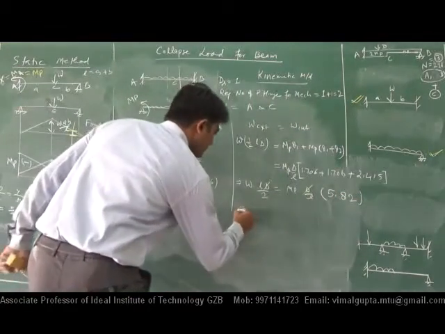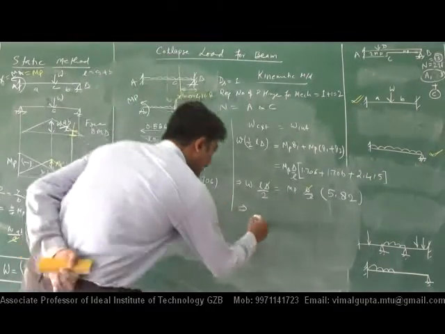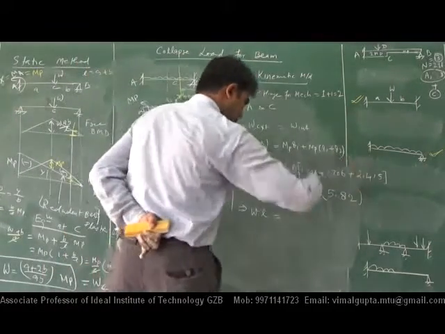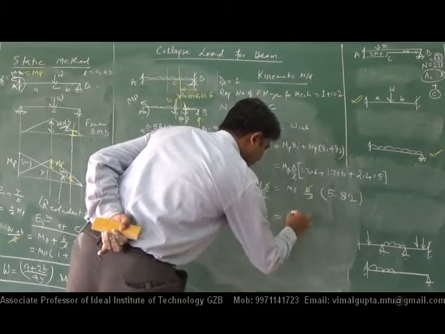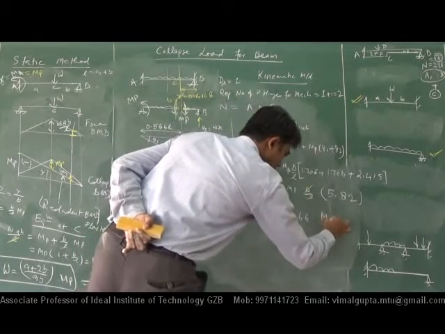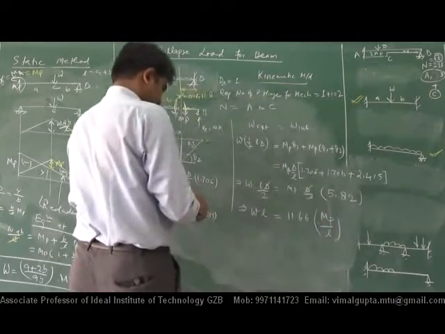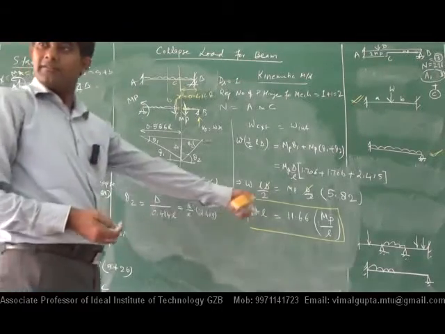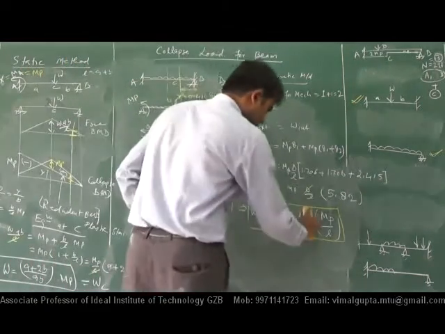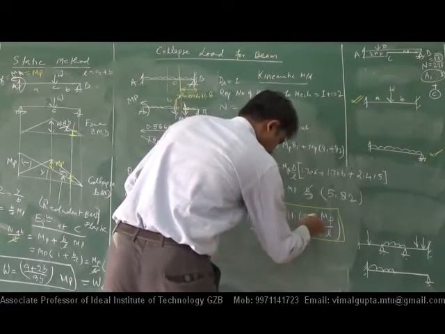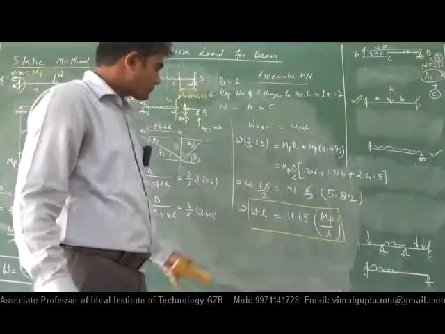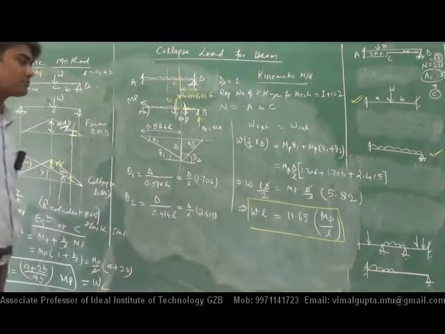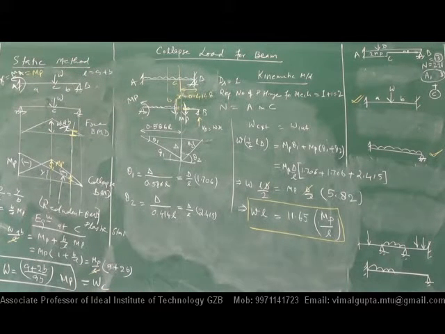So the value of WL will be either 11.66, it will be 11.656. Okay, so that is the value.